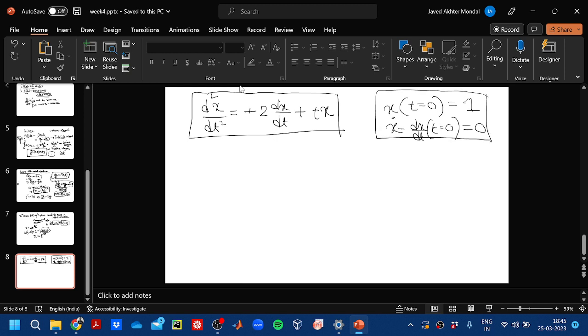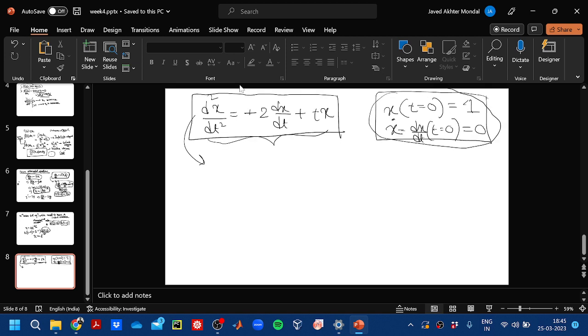And suppose you are asked to show how the solution x looks like as a function of t. So for that, what do you have to do? First you have to solve this equation with the help of these two initial conditions, and you can easily get the functional form of x with respect to time.